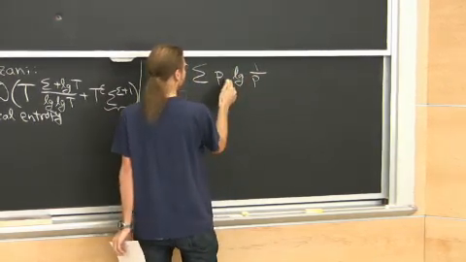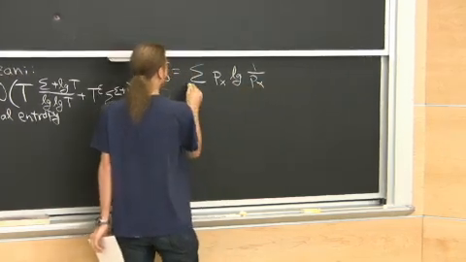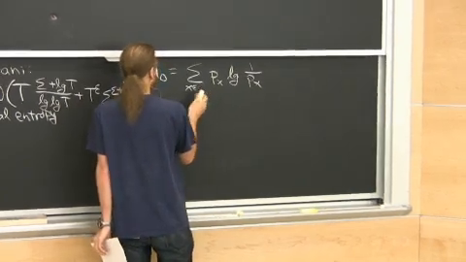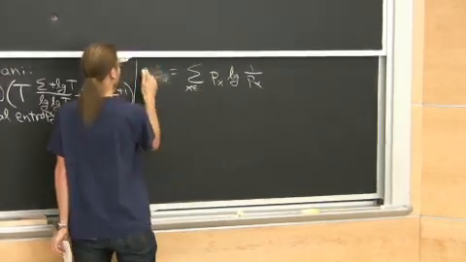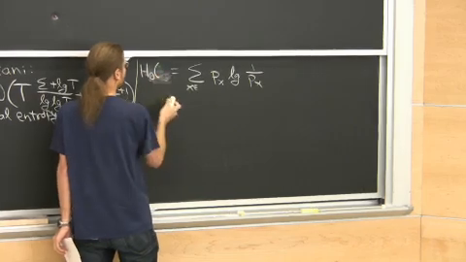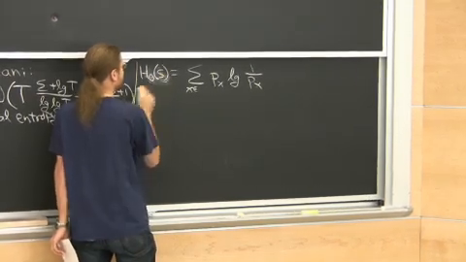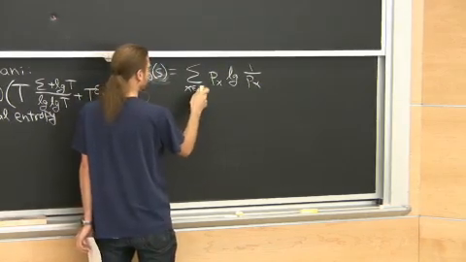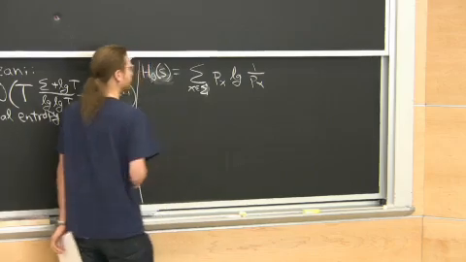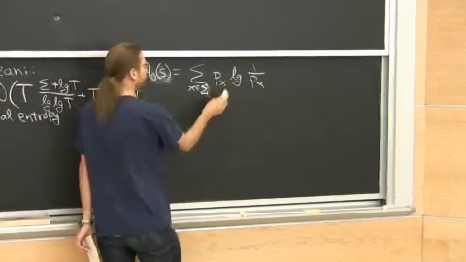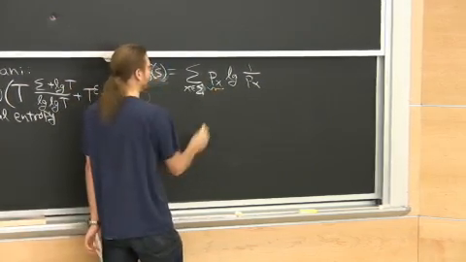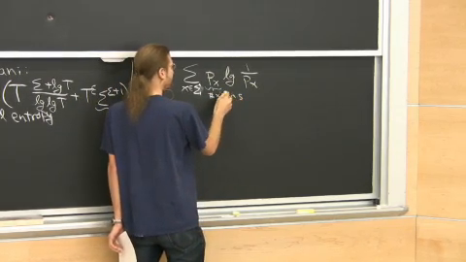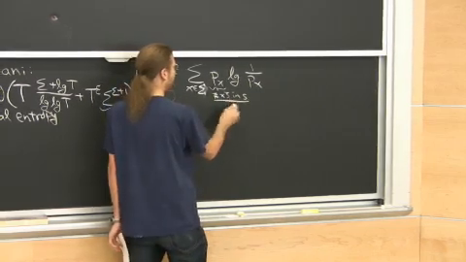So let's call this character x. You have H0 of some string S. You sum over all characters in the alphabet of the probability. This is not really a probability. This is going to be the number of x's in S divided by the length of S.